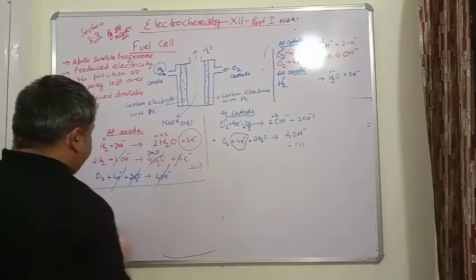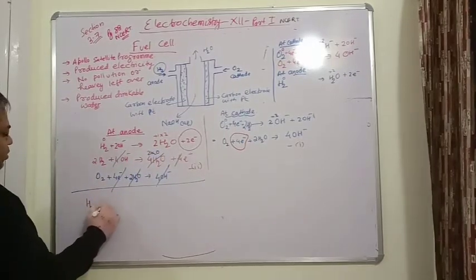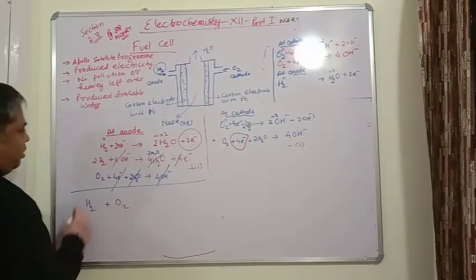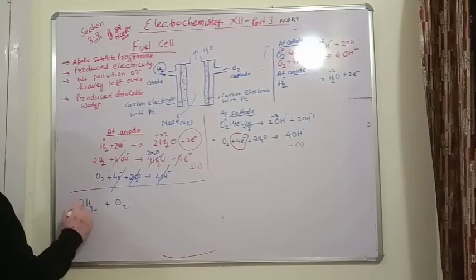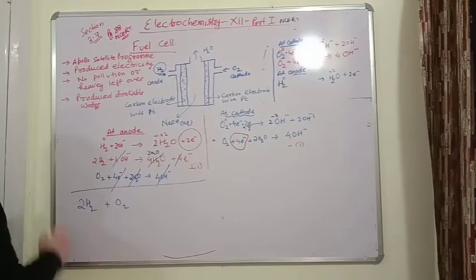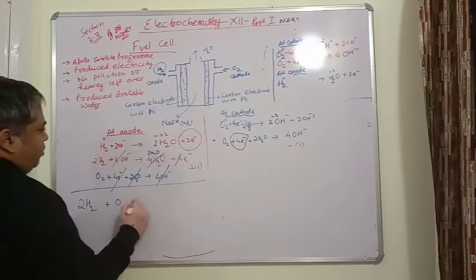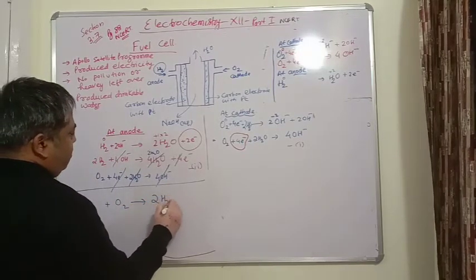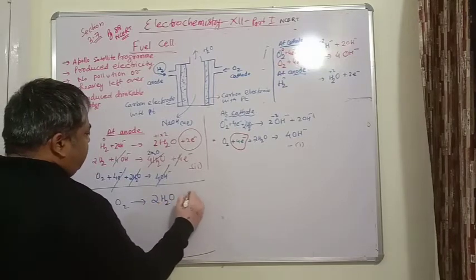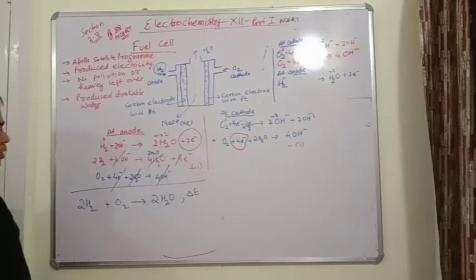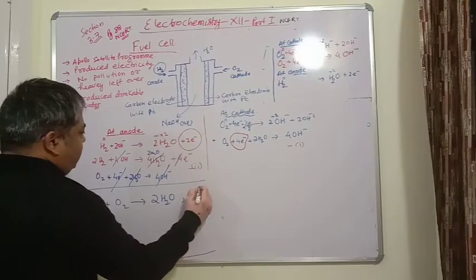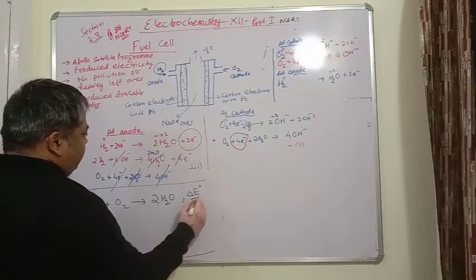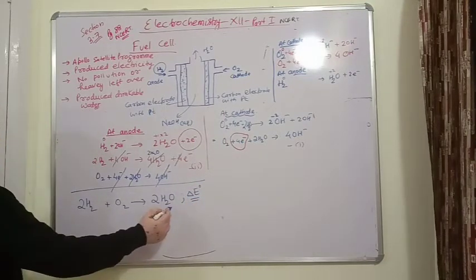So the net reaction will become H2 plus O2. How many H2s? 2 H2s. How many O2s? 1 O2 molecule forming 2 H2O, and some potential difference will be there which can be utilized as electricity.